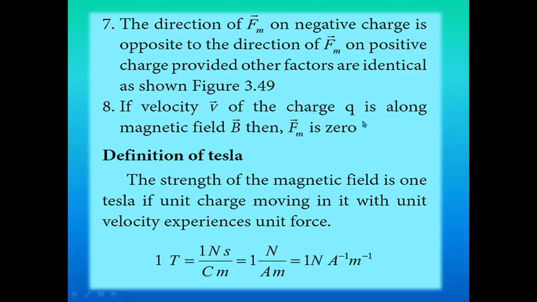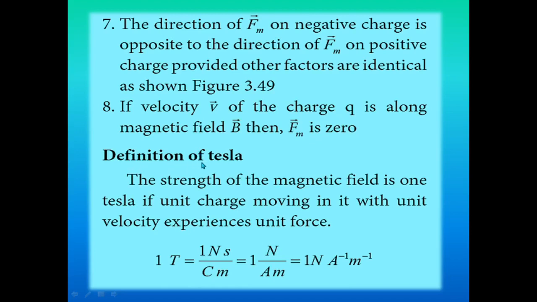Here, Q moving along the magnetic field means the force is equal to 0, because the charge is not affected by the magnetic field, as both the field and the charge are moving in the same direction, that means parallel. So there is no force acting on the charge Q. That is why the force is 0.